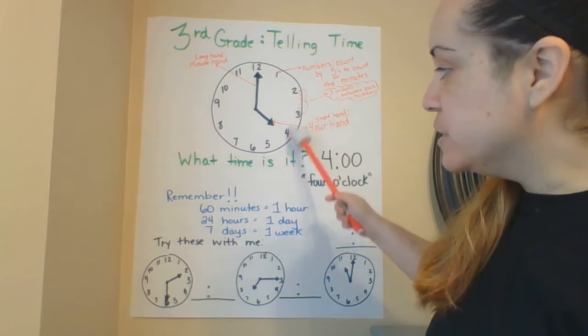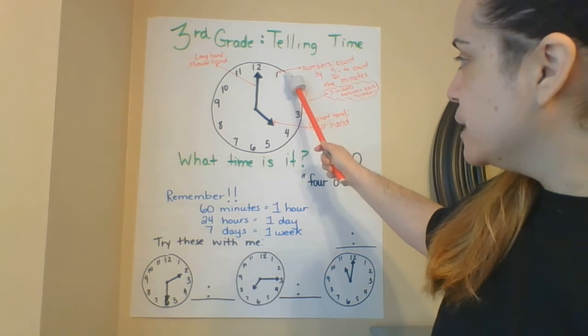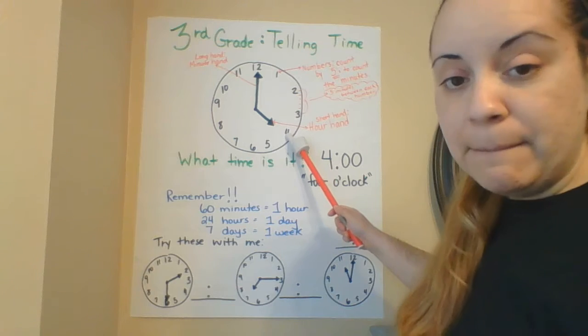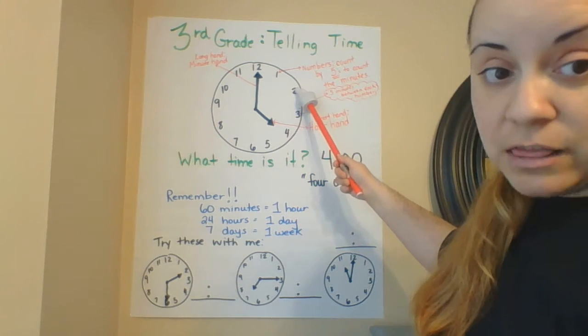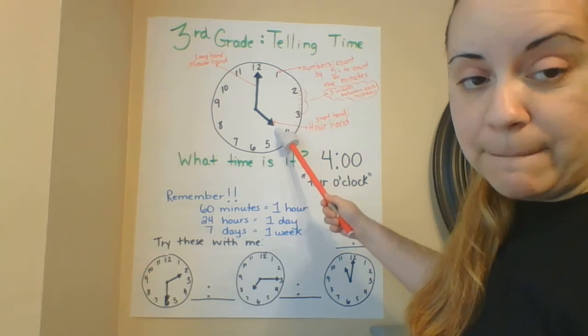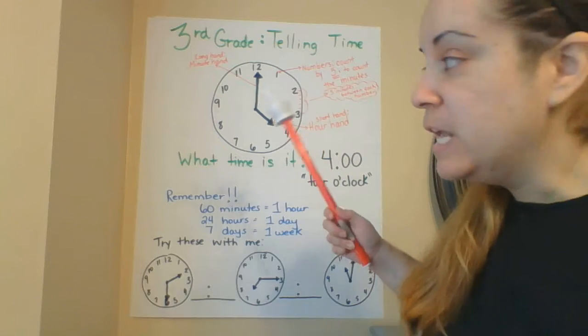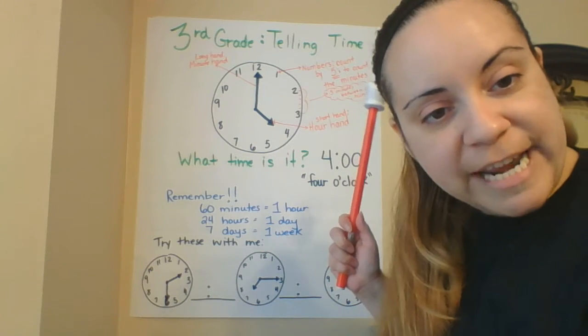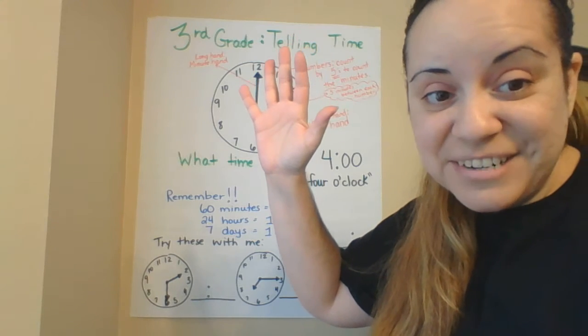The other numbers are still very important. Each number represents what minute it is. And each time that the long hand moves to a new number, that means 5 more minutes. So raise your hand if you know how to count by fives. I do.